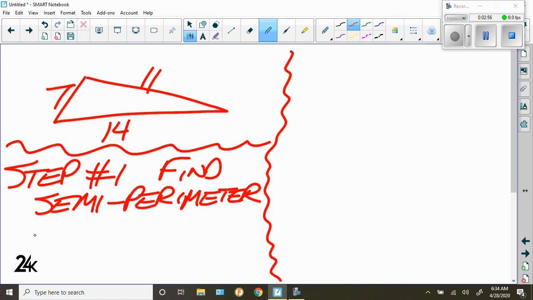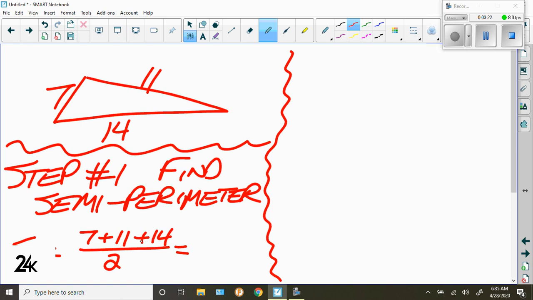So all you do is say S, that's an S, equals, S stands for semi-perimeter, 7 plus 11 plus 14 divided by 2. You always divide by 2. Because it's half the perimeter, semi-perimeter.